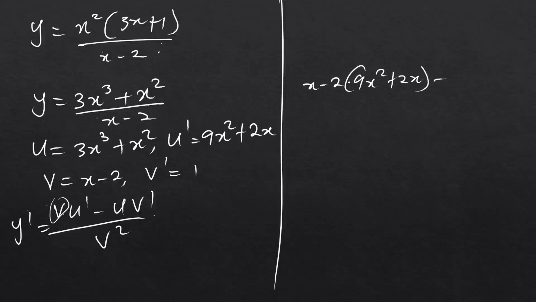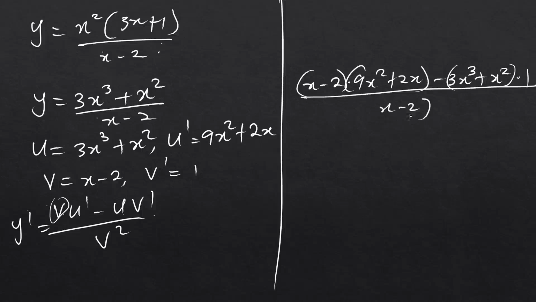Then minus, remembering this one as well. Minus the next thing is u. u is 3x cubed plus x squared, multiplied by v prime. v prime is just 1, so everything is multiplied by 1. All over x minus 2 all squared.